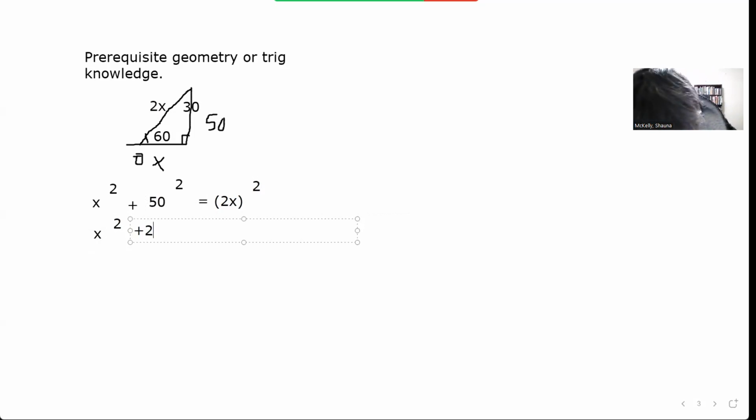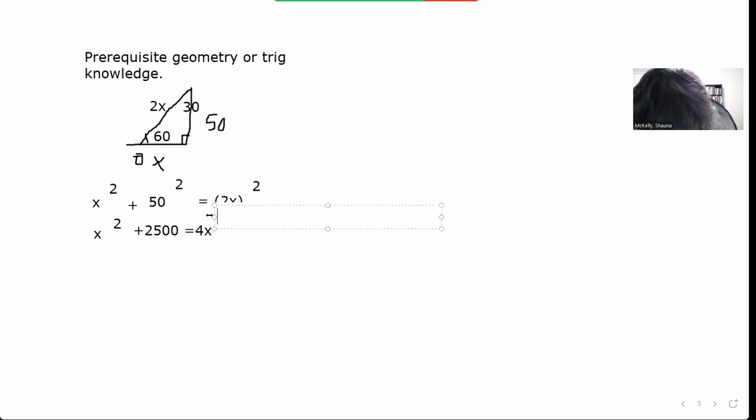Plus, and this is 4x squared on this side. So I'm going to solve for x. So I have 4x squared.